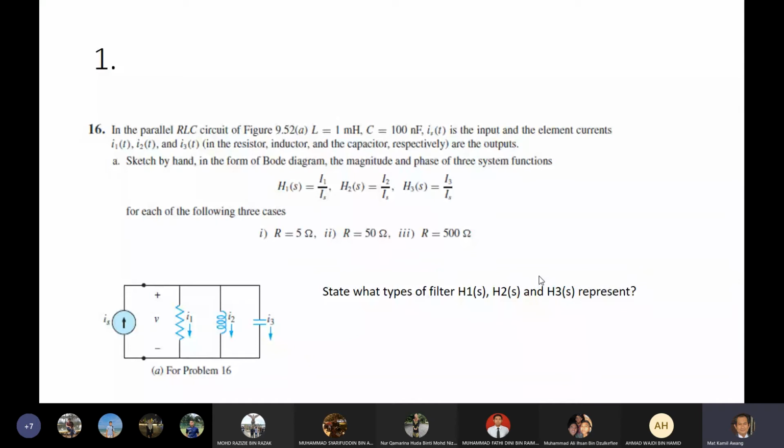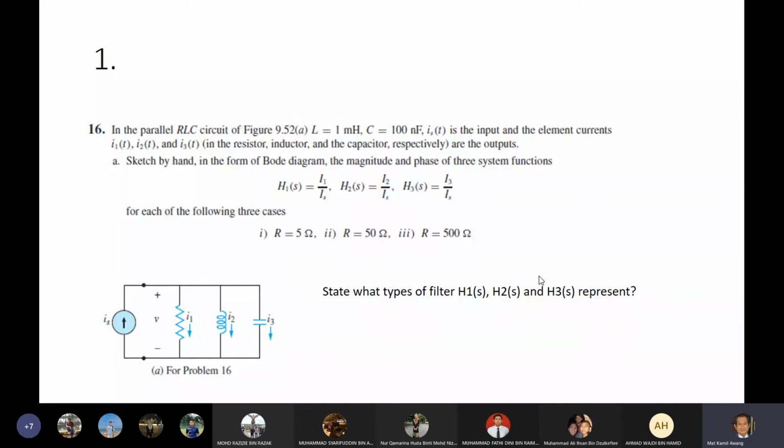In this question you need to sketch the magnitude and phase of the three systems. Basically you have H1(s) equal to I1 over IS, H2(s) equal to I2 over IS, H3(s) equal to I3 over IS.